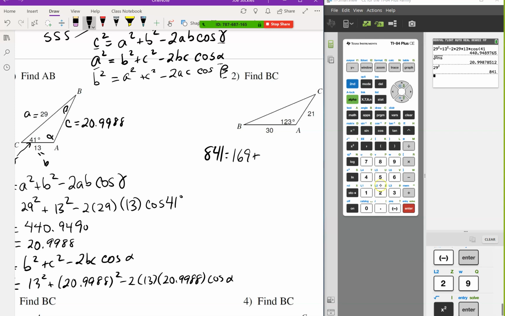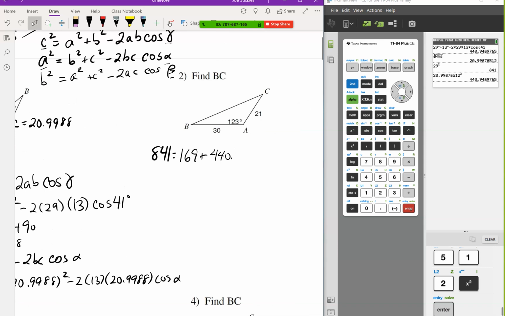That 20.9988, I'm going to put the whole thing in there just to try to minimize the rounding errors. Gives us 440.9489765. I'm just trying to minimize rounding errors as much as possible. Usually I keep these things in my calculator and I would not write them all on the paper.